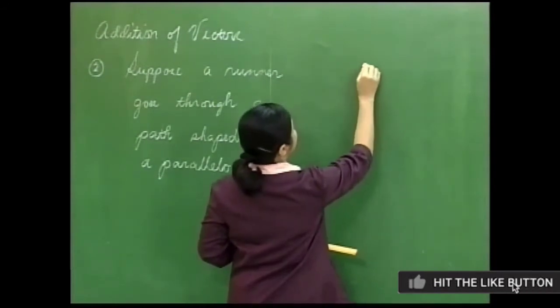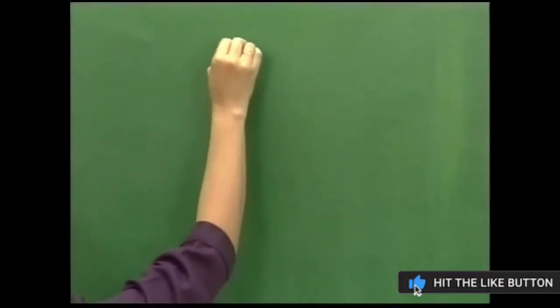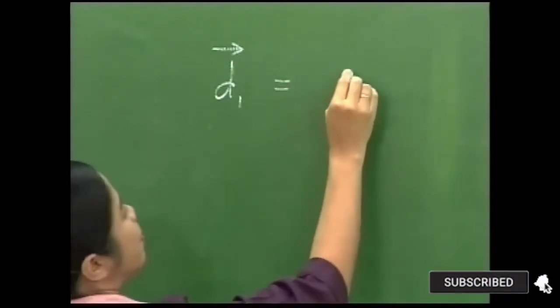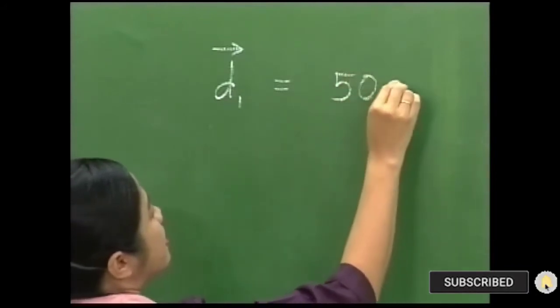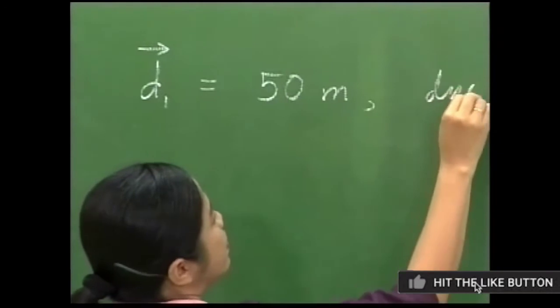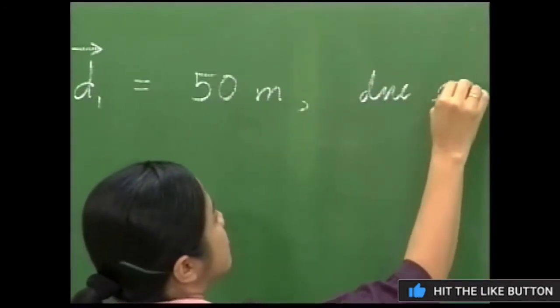First, he goes through displacement d1, let's say 50 meters due east.